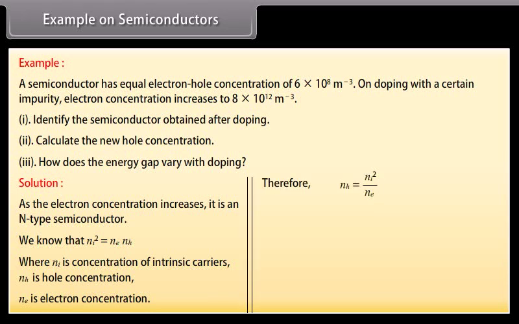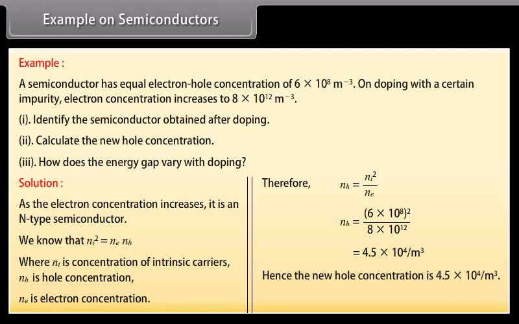Therefore, NH is equal to Ni square divided by Ne. On putting the values, we get NH equal to 4.5 into 10 raised to the power 4 per meter cube. Hence, the new hole concentration is 4.5 into 10 raised to the power 4 per meter cube. With the doping, the energy gap decreases.